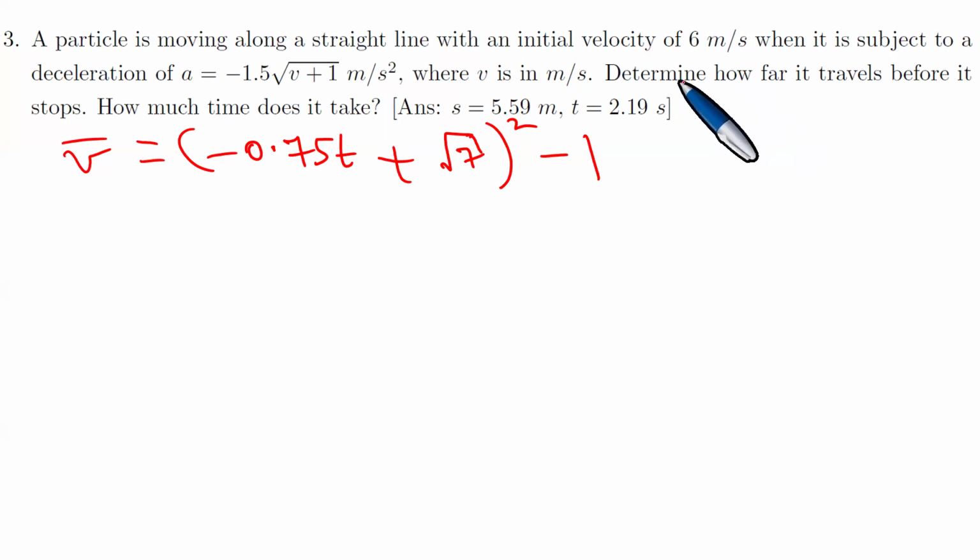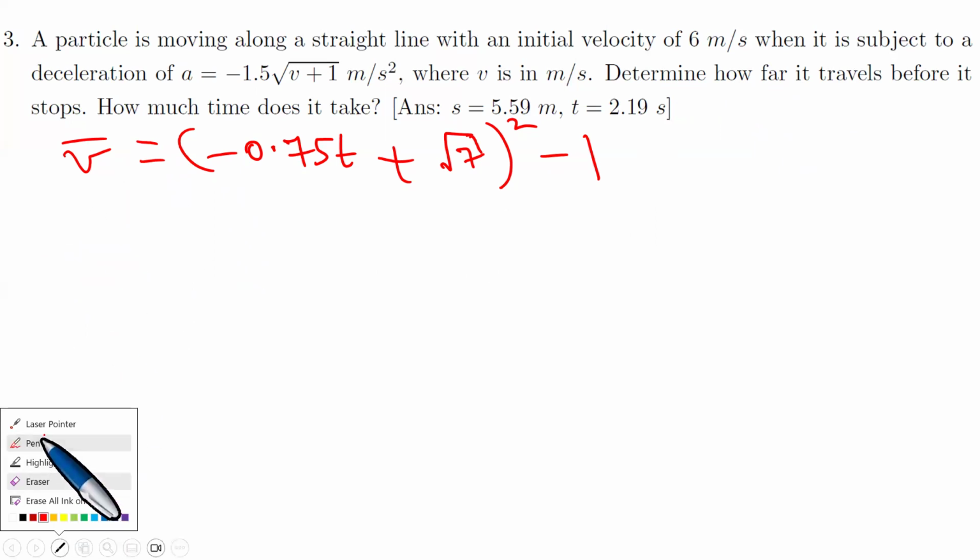We're saying determine how far it travels before it actually stops. Right, so we know that velocity is ds/dt. You can write it on the side and then substitute there.